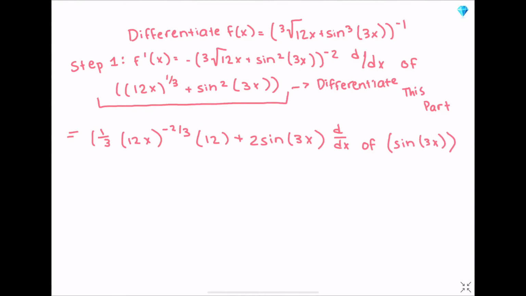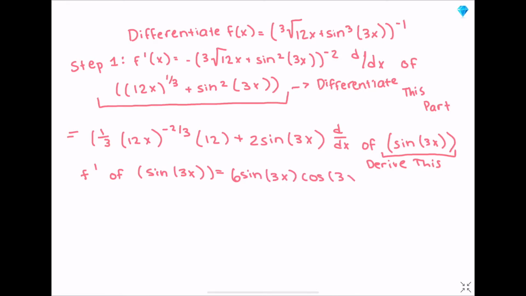Then you're going to take the derivative of the next part, which is the sine of 3x. The derivative of this part is 6 sine of 3x cosine 3x.